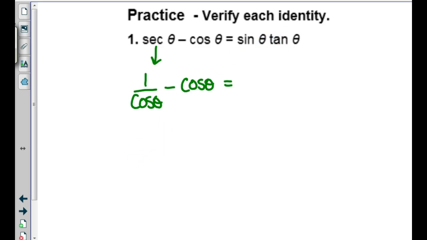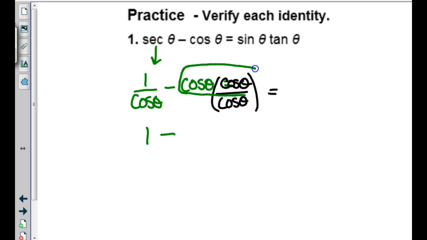Common denominator, okay? If you're going to get a common denominator, you need to show me how you got the common denominator. So you need to show that you're multiplying this. If you want to use multiple colors or you just want to write it right in there, I don't care. I'll figure it out. So then this one becomes 1 minus, this is what? Cosine squared.